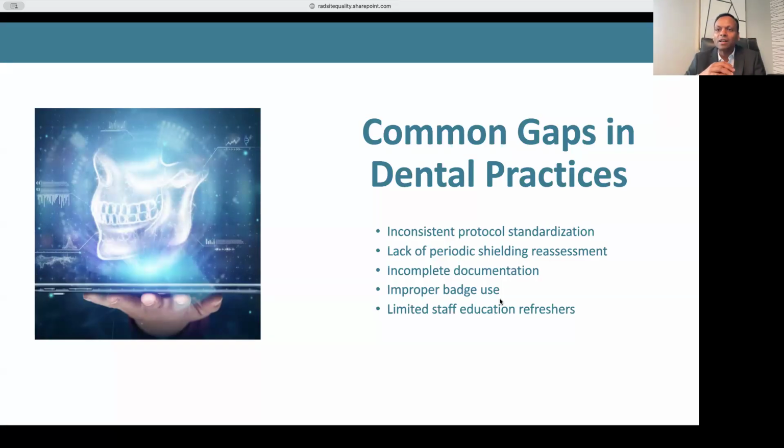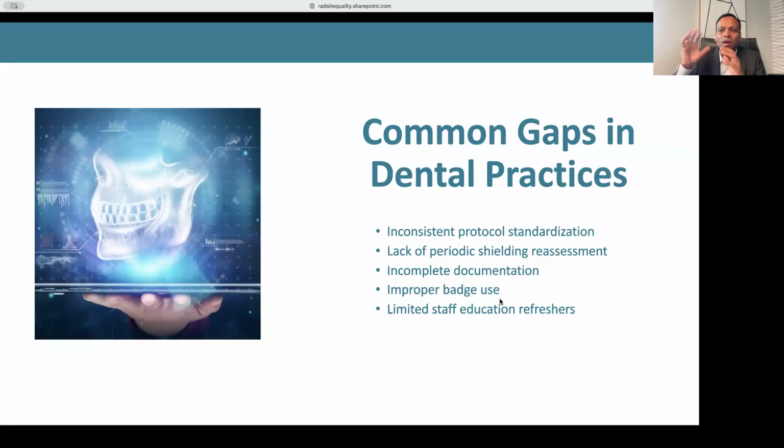So if you're not using the badge, or not using it appropriately, that could lead to more issues. All the things we talked about five minutes ago will hold true, and all the things we are gaining there, we would be missing if we don't have that piece of information.